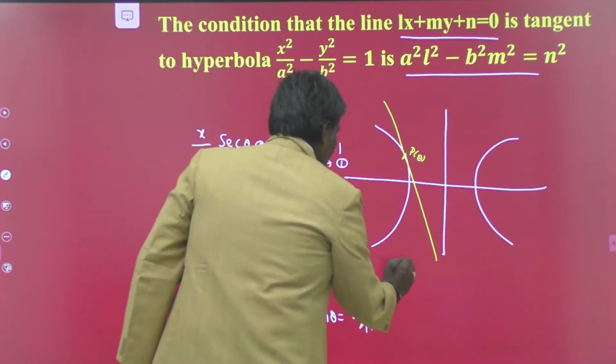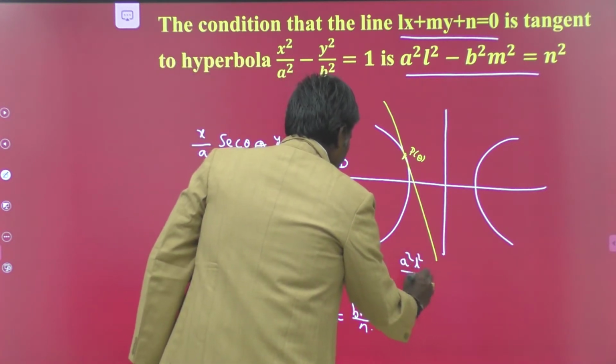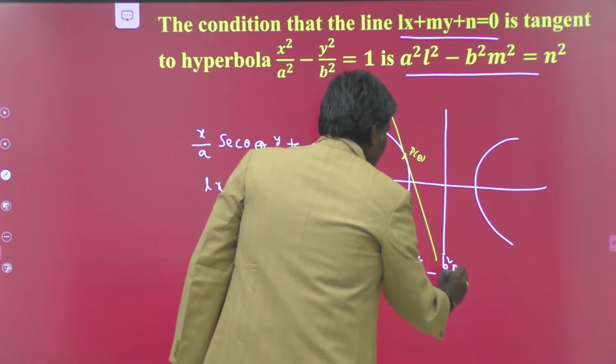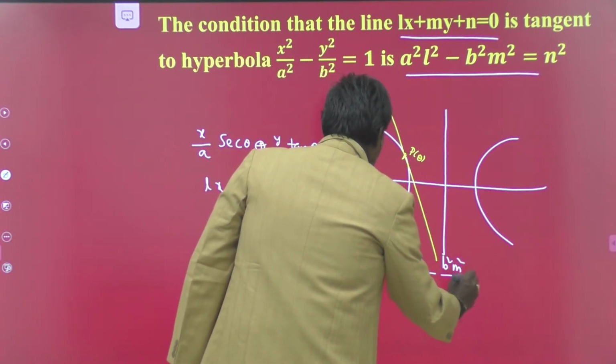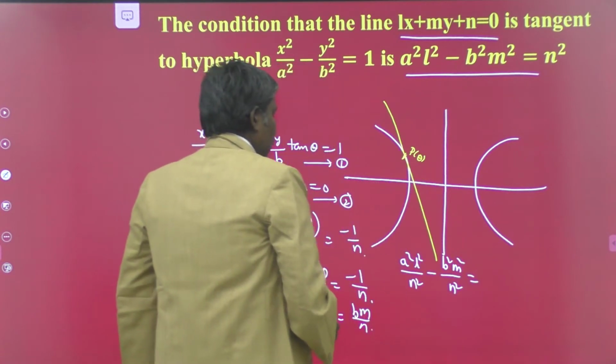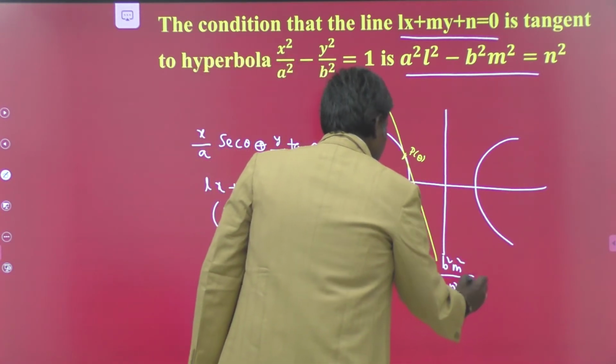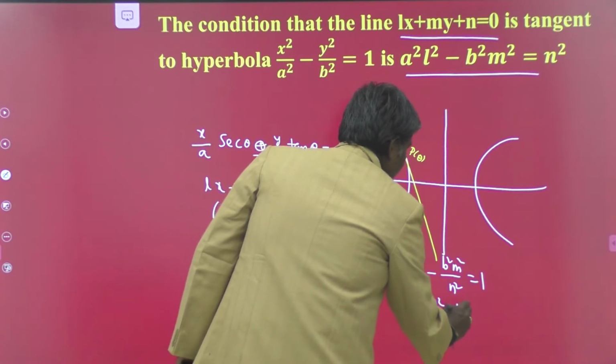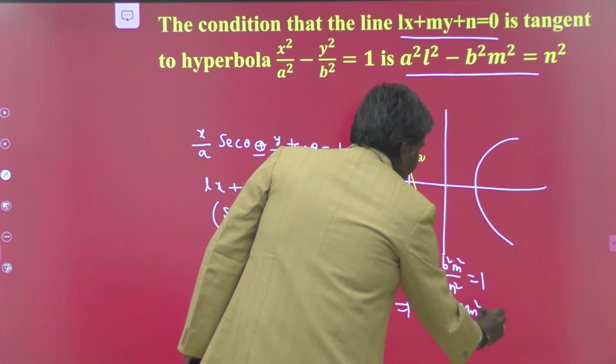Therefore, a square L square by N square minus b square M square by N square is equal to 1. This implies a square L square minus b square M square is equal to N square.